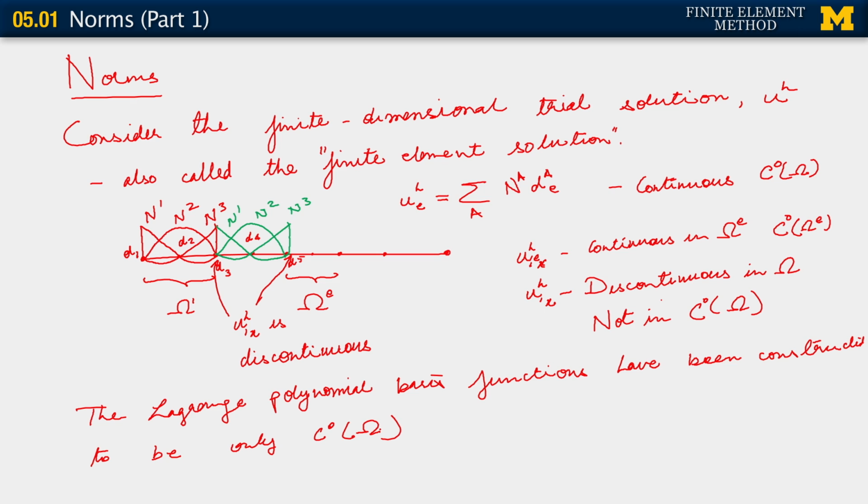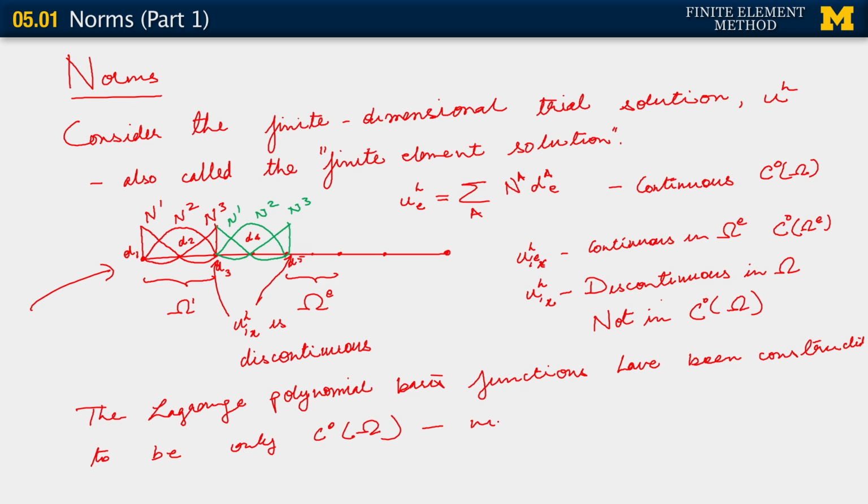We have basis functions which are only continuous, and that's immediately observable if you just look at this sketch that I made of the basis functions. Clearly the basis functions are continuous, but if you look at the inter-element nodes, it's clear that the derivatives are not going to be continuous. And once you have that, any function that you then construct using that basis to represent the function is also going to be only continuous, but not continuous in its derivatives. So we say that it's only C0.